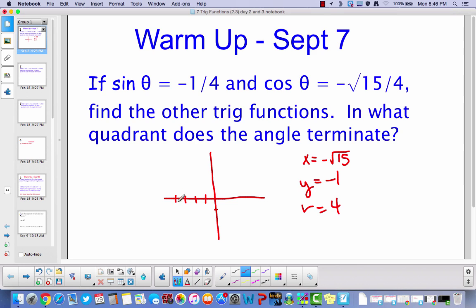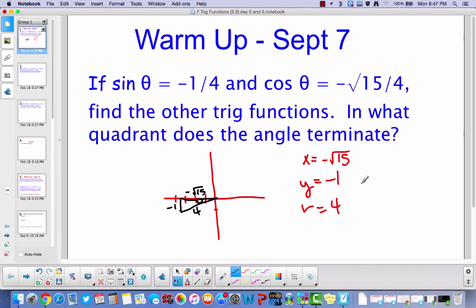So we're going to go out to the negative square root of 15 and down negative 1. So here's our triangle. Negative square root of 15, negative 1, and there's our 4. So what are the other 6 trig functions?